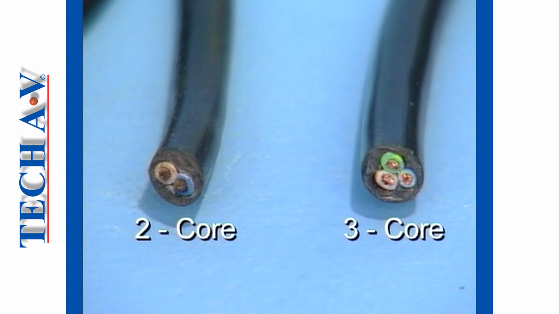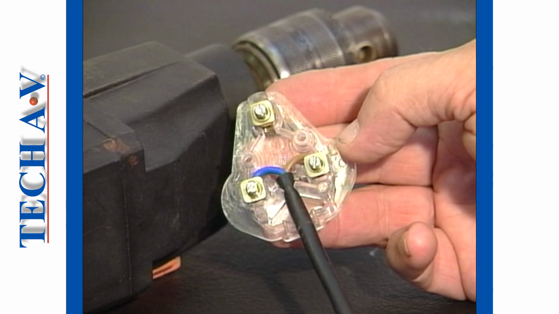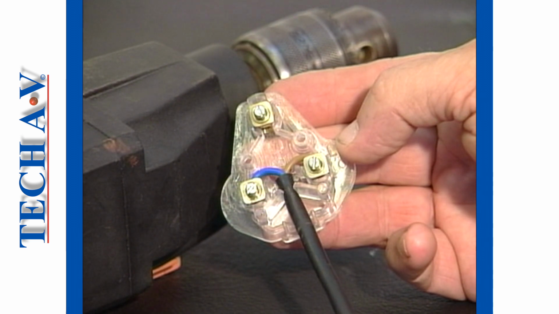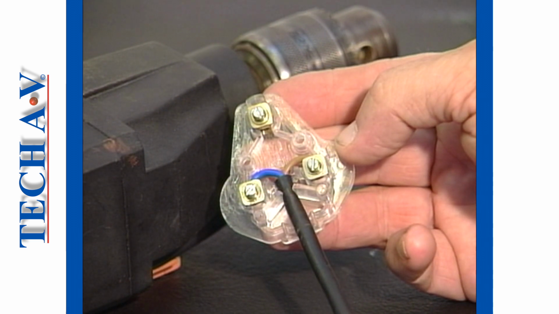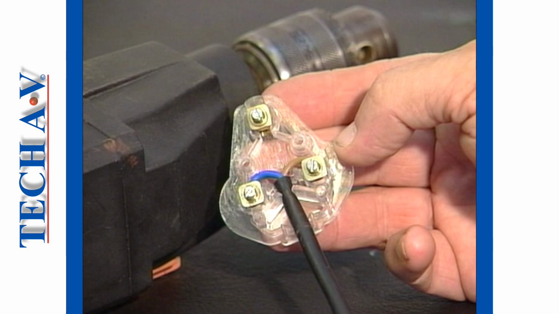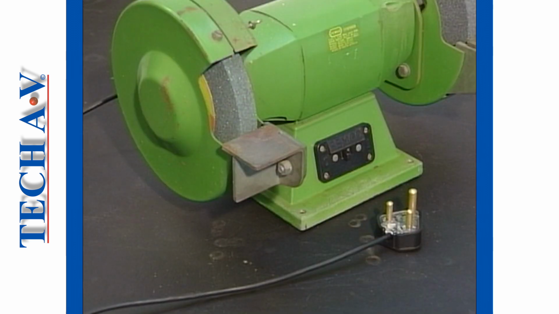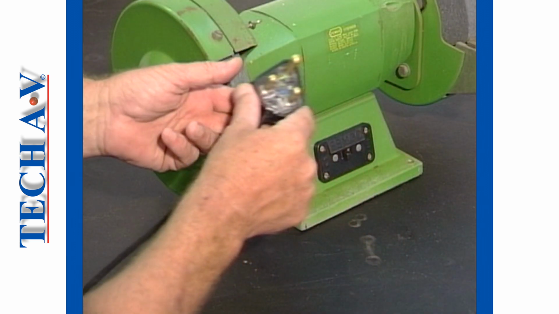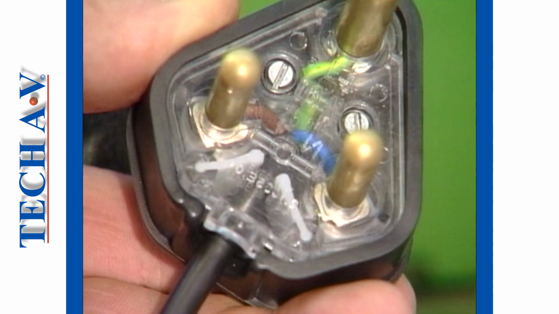As you can see in these end section views, the 2-core cable has 2 conductor cores and the 3-core has 3 conductor cores. You will find 2-core cables used mainly with domestic appliances and with plastic-encased power tools. Most industrial duty power tools and any appliance that has metal encasements will be fitted with 3-core cable.